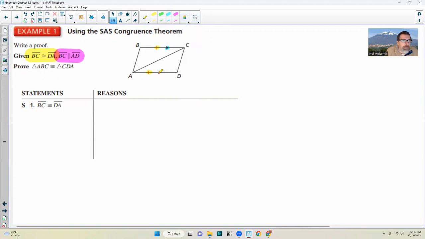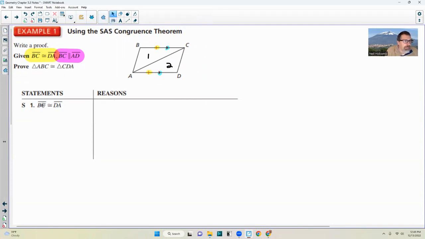The parallel markers on these two sides say that BC is parallel to AD, and that is a given. So the diagram is labeled with the two givens. We're trying to prove triangle ABC is congruent to triangle CDA. So if you will, this is triangle 1 and this is triangle 2. We're trying to prove they are congruent.